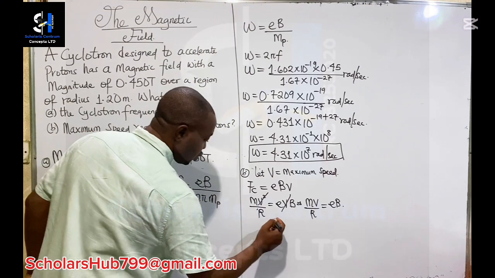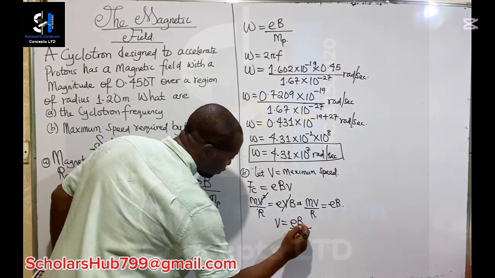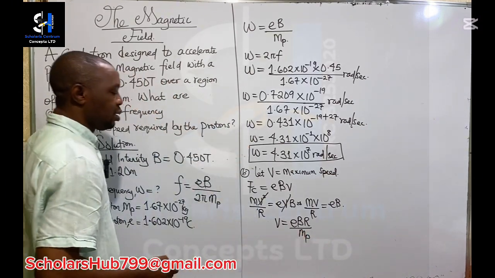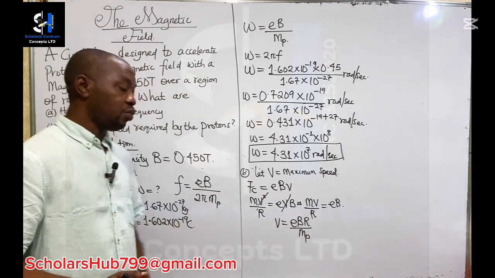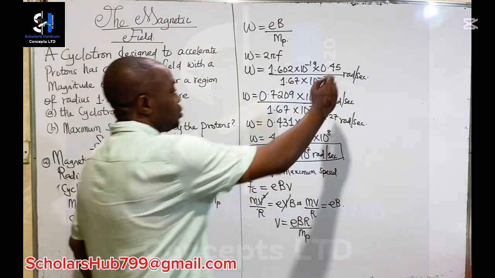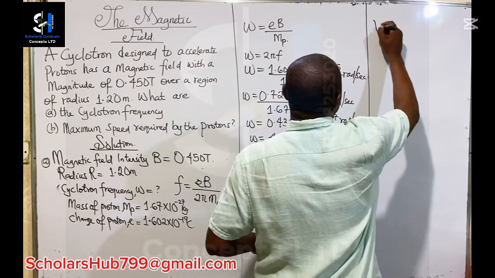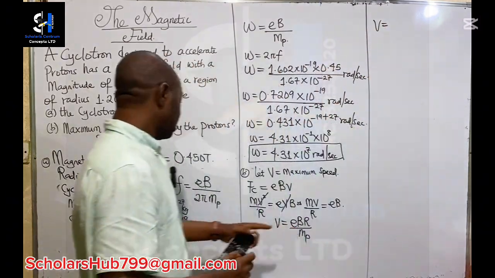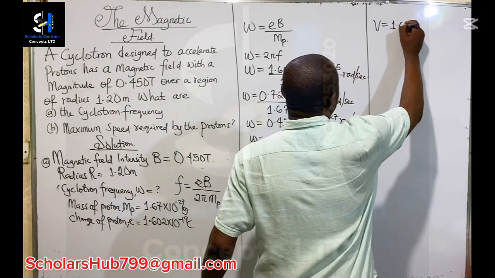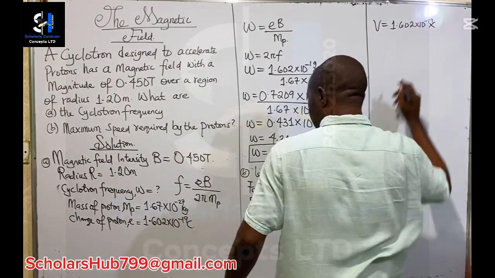So we're going to have V equals EBR over MP. Remember, it will be MP because what we have here is the mass of the proton. So this is the velocity. The charge on the proton is 1.602 times 10 raised to the power of minus 19.